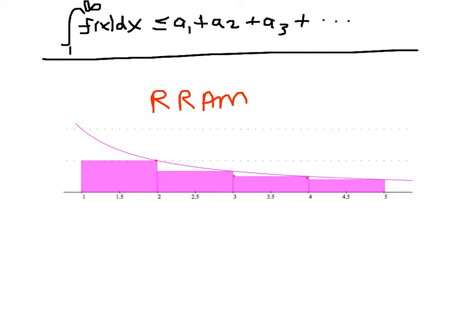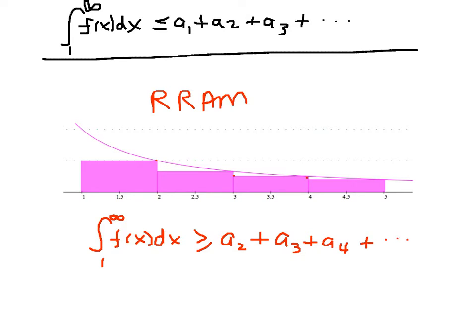So what this is telling us is that the integral from 1 to infinity of f of x dx is, let's get it right, is greater than or equal to a 2 plus a 3 plus a 4 and so on. This height is a2, this height right here is a3, this height right here is a4.